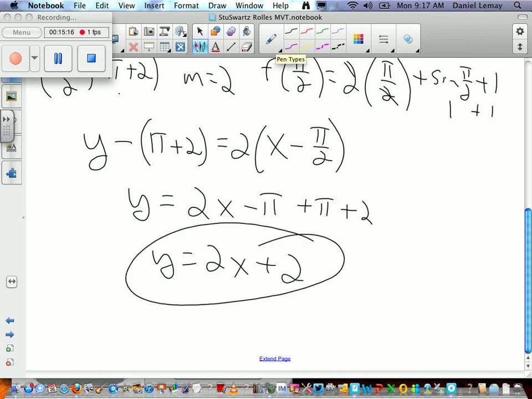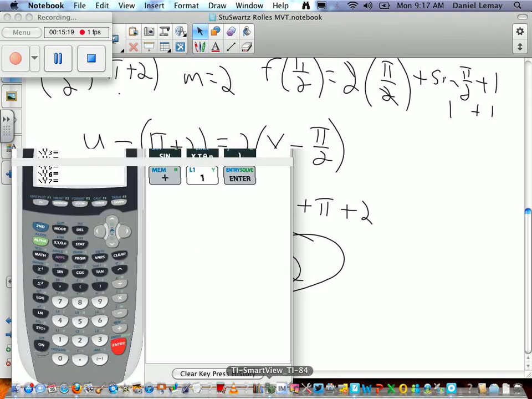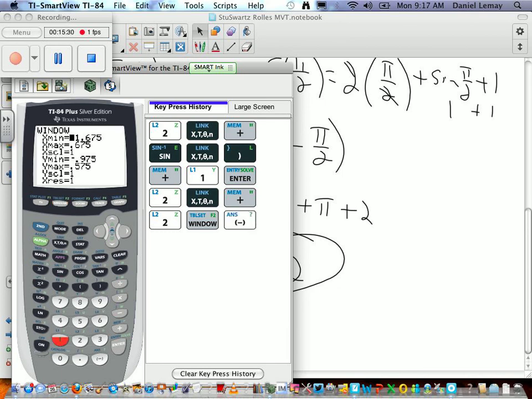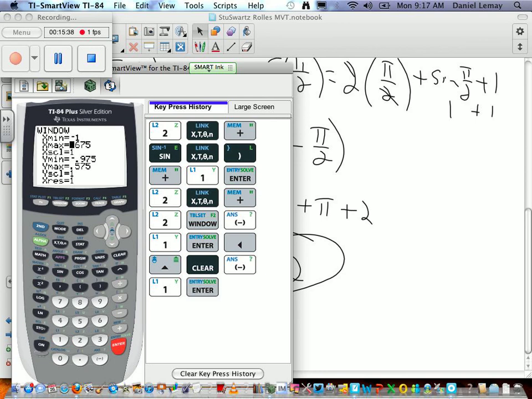Let's graph that and check. Oops, not negative 11. I only want negative 1, just to put it either side of it.